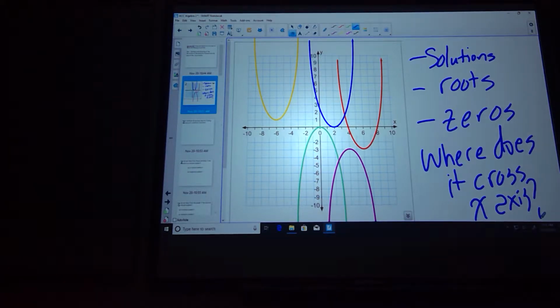Okay? So solutions, roots, and zeros are all the same thing. The hard thing about calling it a zero is if it doesn't cross the x-axis, it's not a zero. But it still could be a root or a solution.